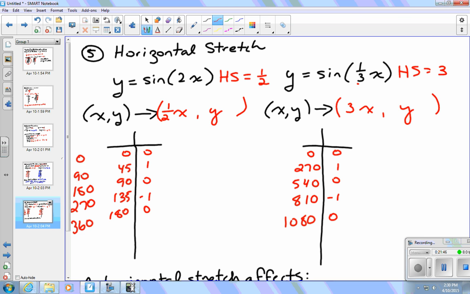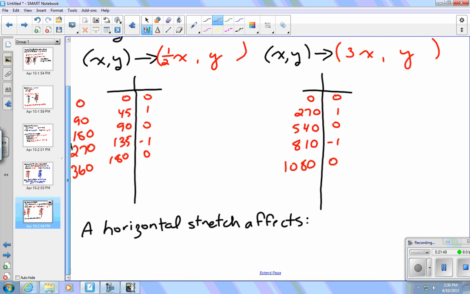Okay, so if you think about the horizontal stretch and what it affects, it doesn't change domain or range or sinusoidal axis or amplitude. It only affects the period.